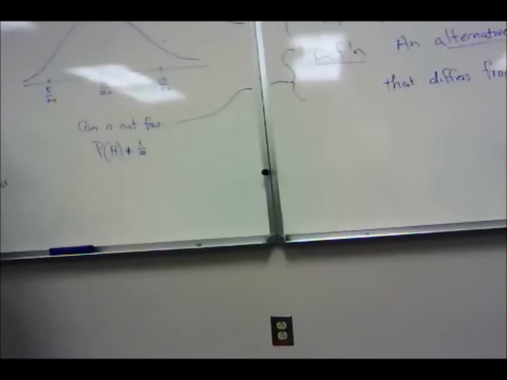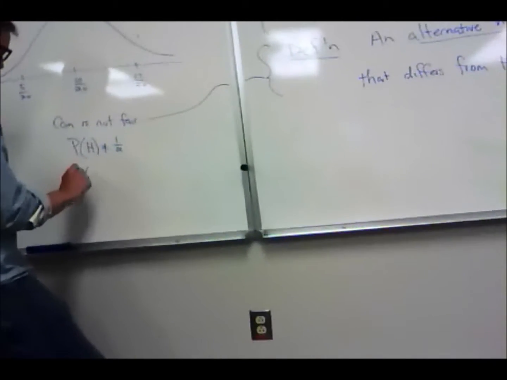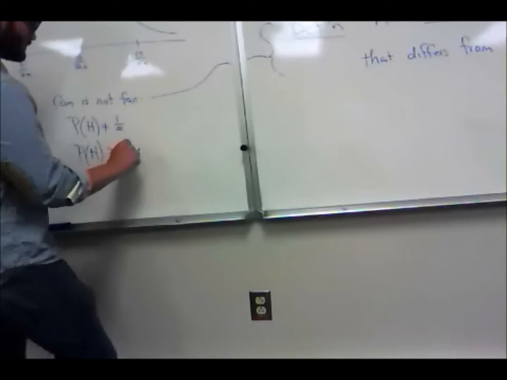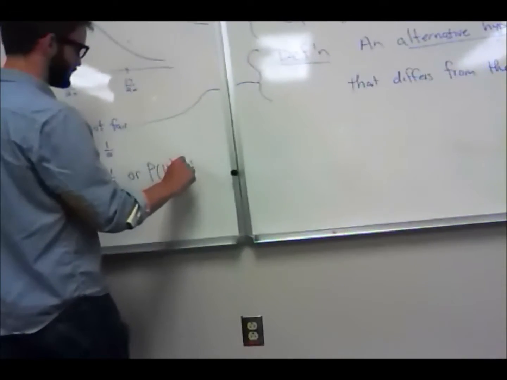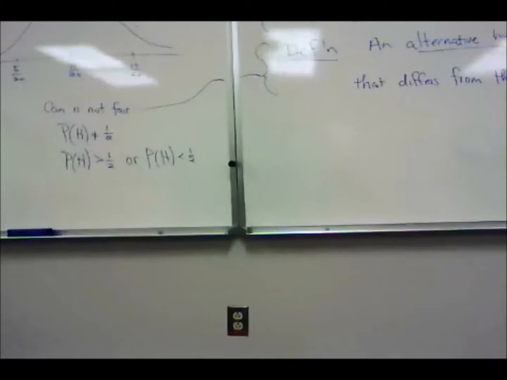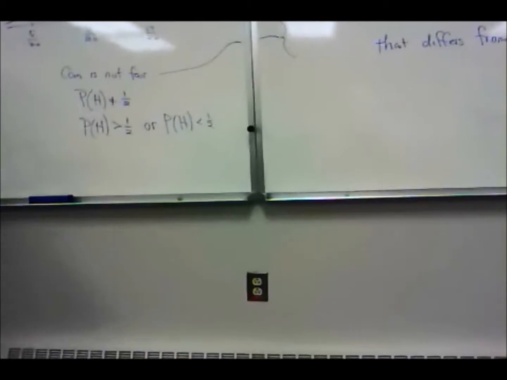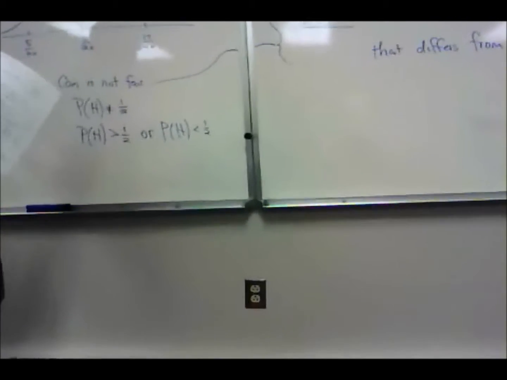So this is one way to write it. Or another way would be the probability of heads is greater than 1/2, or the probability of heads is less than 1/2. So you have some freedom in writing your null hypotheses or alternative hypotheses.